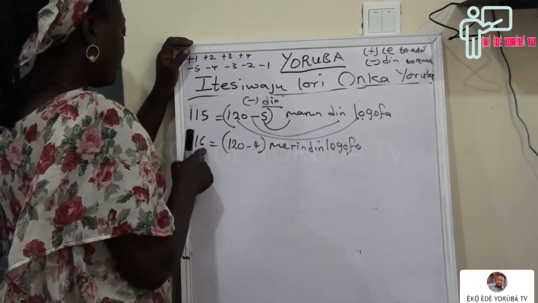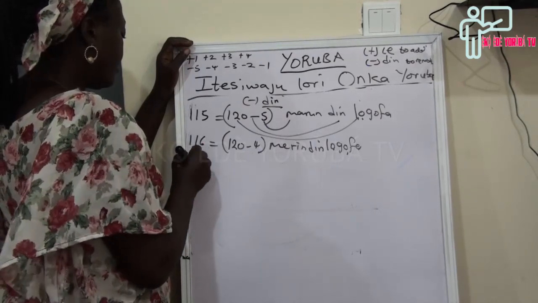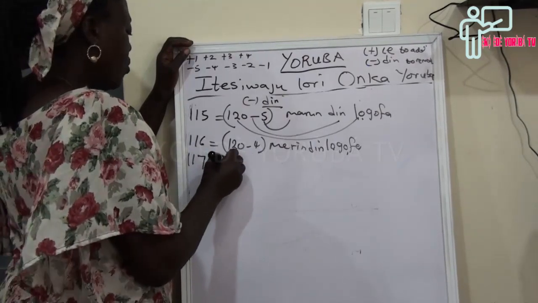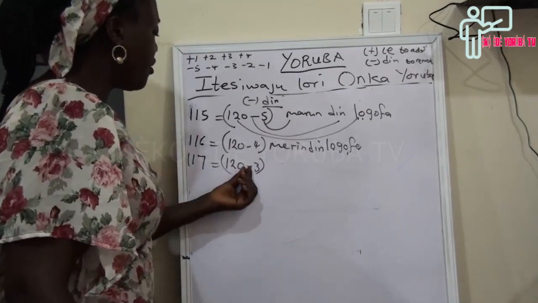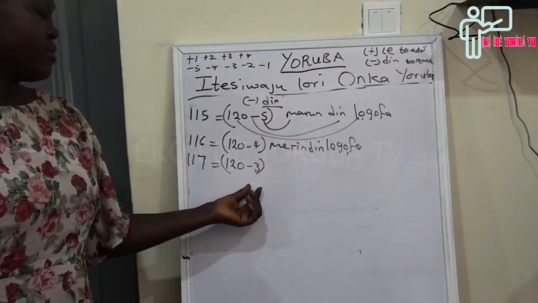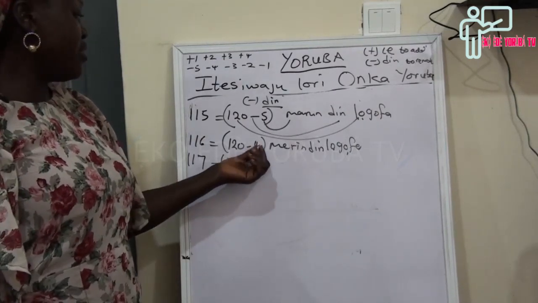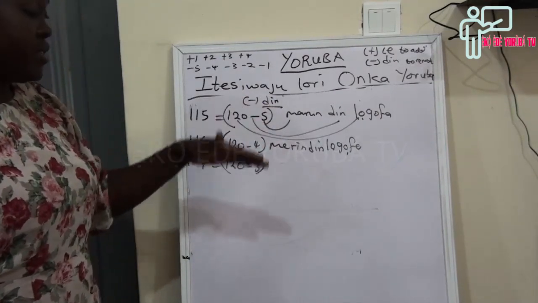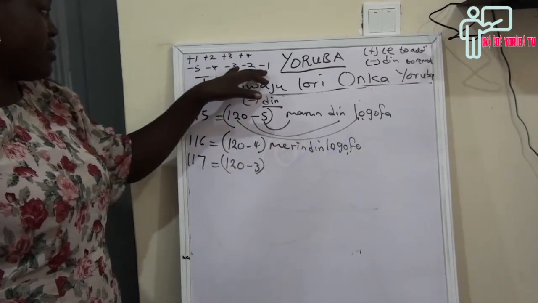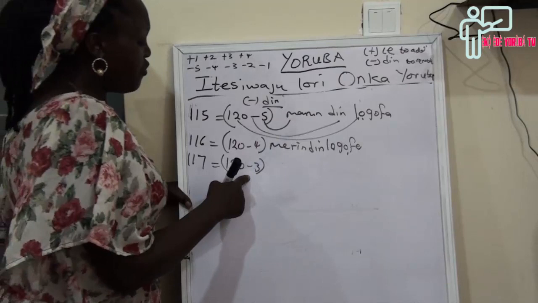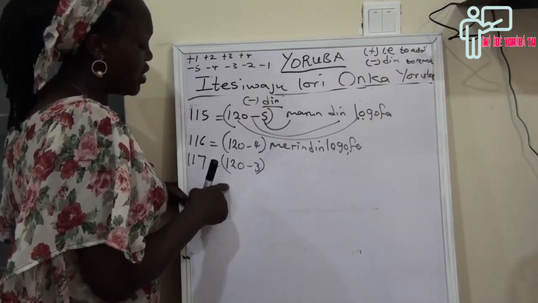117. 120 minus 3. That is, you remove 3 from 120. Can you see now? This one is now reducing. Minus 5, minus 4, minus 3. Like this. So you remove 3 from 120.